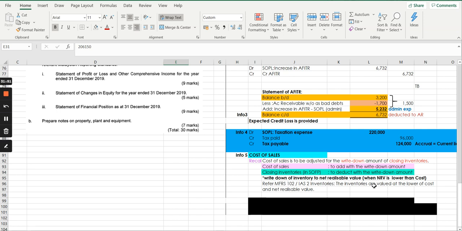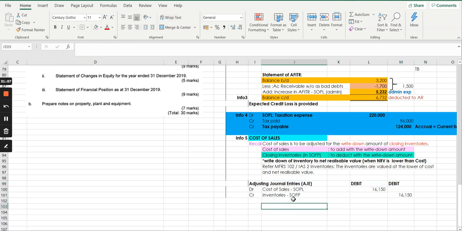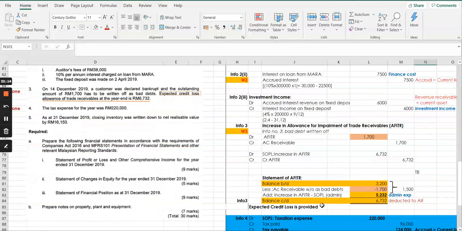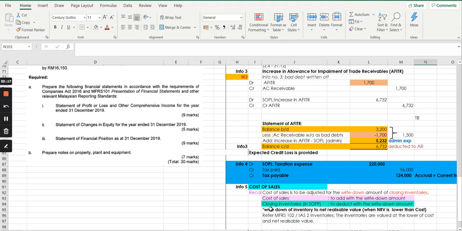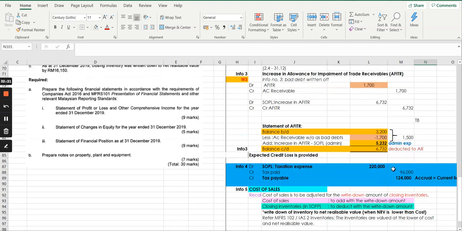Since the net realizable value is lower than the cost, the journal entry is this: debit cost of sale in the SOPL. When you debit, you need to add to your cost of sale. Inventories, you need to deduct in your SOFP in your current asset. So under your cost of sale, you debit 16,150 with the write down.